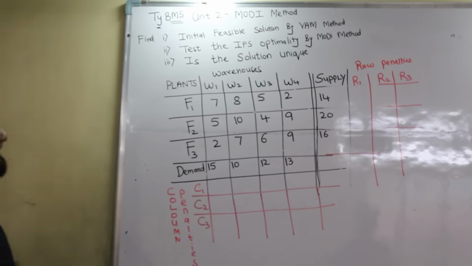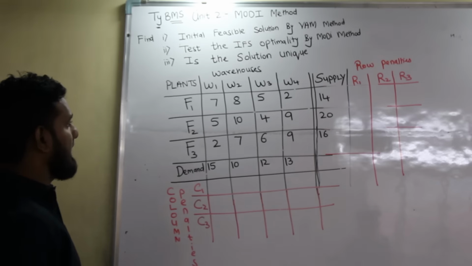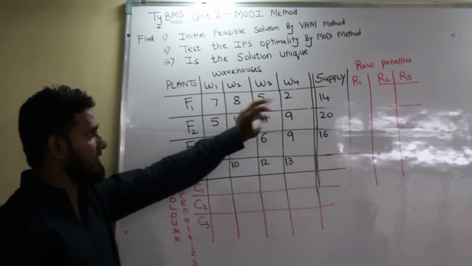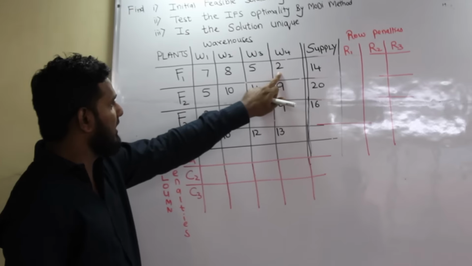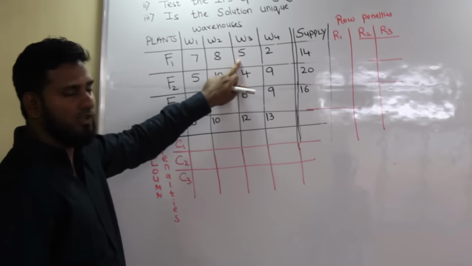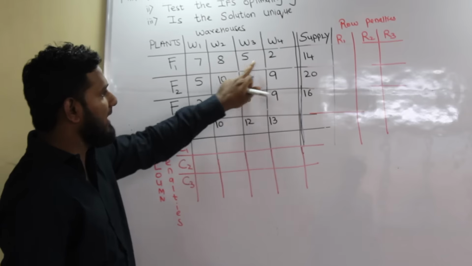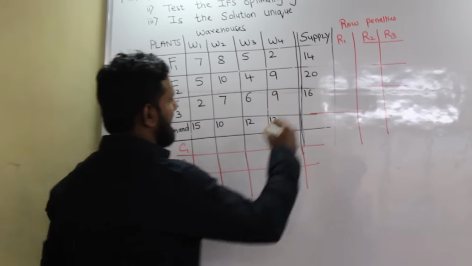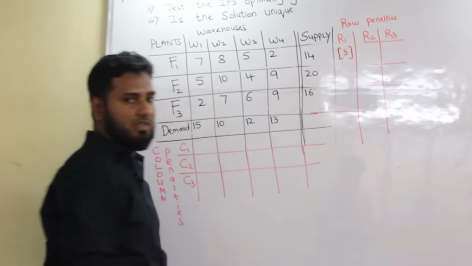Let us start. Now in this VAM method, you need to find out the smallest number. सबसे छोटा number you have to see, that is 2 in the first row, and the second smallest number is 5. So if you minus this both, 5 minus 2, you will get 3. So that will be your penalty 3.